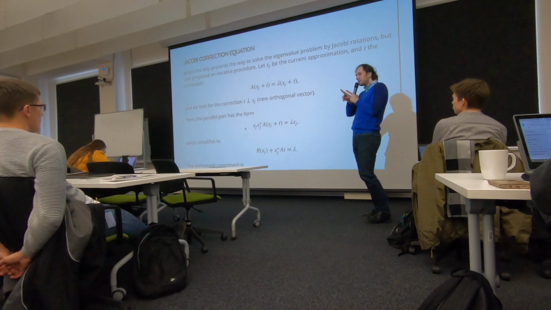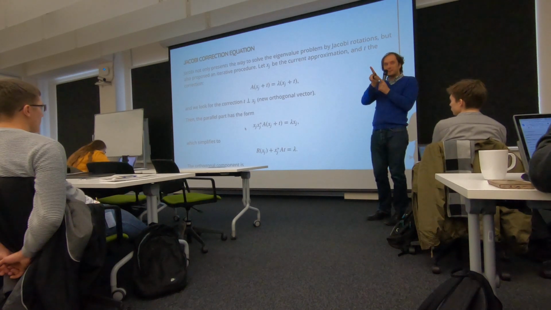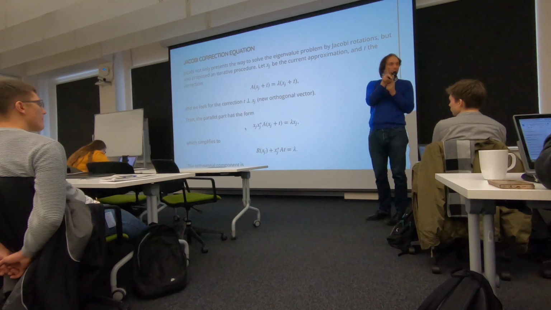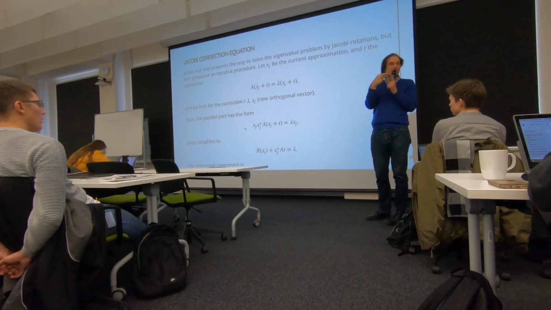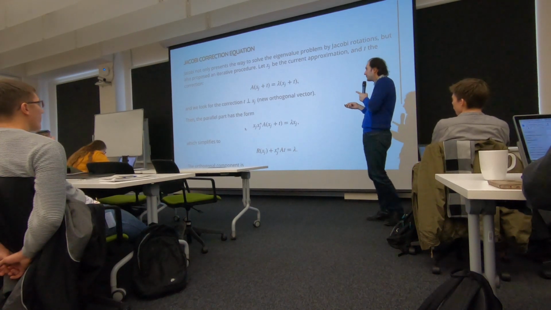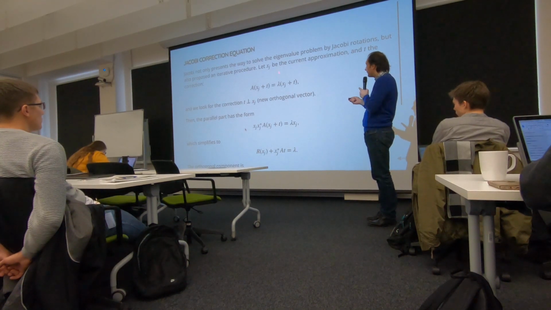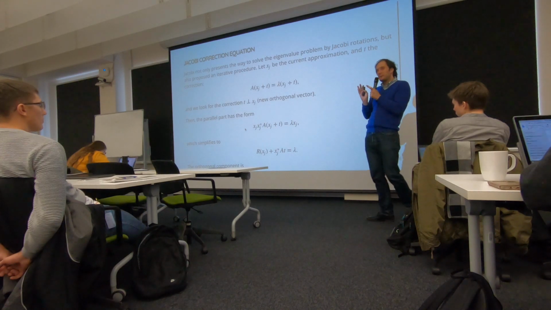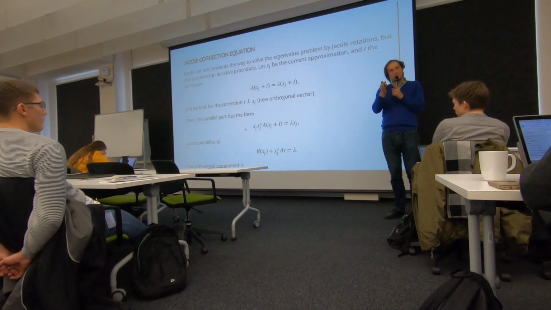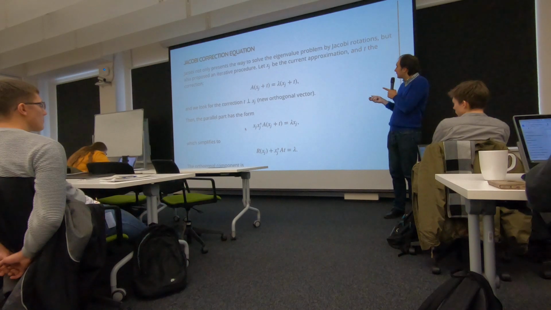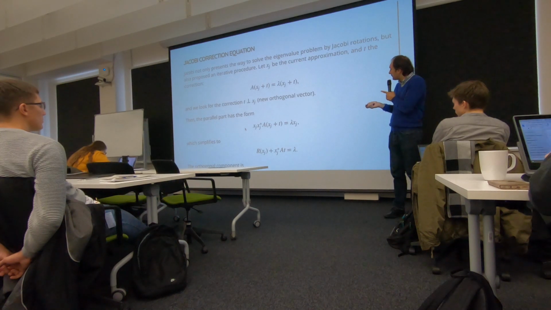Because there is no sense in looking for a correction that is collinear to the current eigenvector. It adds no new information; the only new information is orthogonal to it. Then we have an equation and we project it onto the vector x_j and onto the orthogonal complement of the vector x_j.